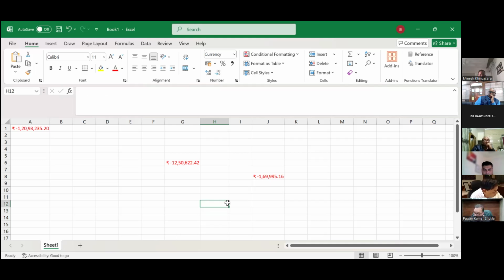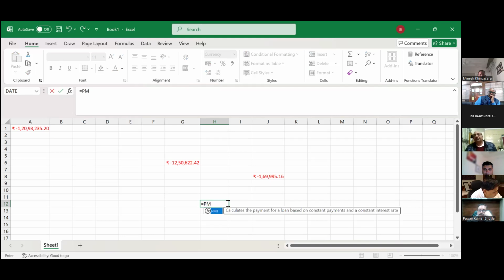And if you have to calculate in case of sinking fund depreciation, if you have to find the coefficient of sinking fund, then in that case you will fill this amount as 1 rupee. Rate, let us suppose, is 8%, comma, for 18 years, nothing is to be filled in PV.